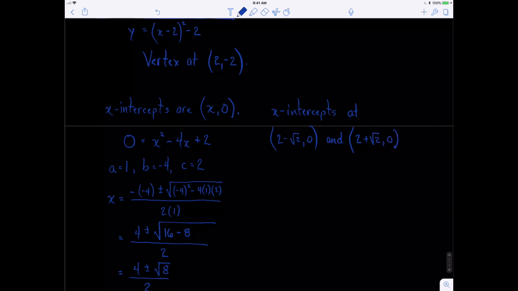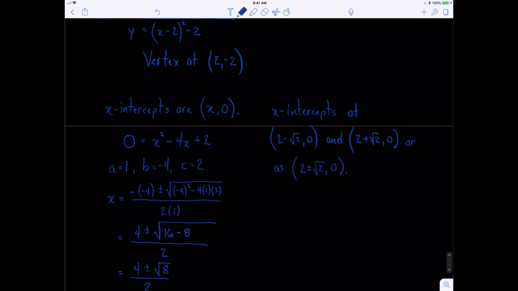You can write it this way, or as you'll also see it written, as 2 plus or minus square root of 2 comma 0. Either way is fine. In the first answer, we've broken out the 2 points. In the second one, we've combined them as the plus and minus. Now you understand, if you saw that kind of notation, it would make sense.